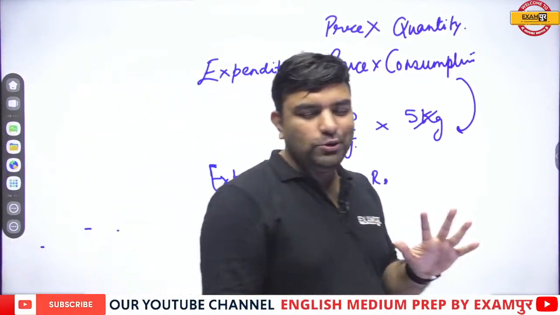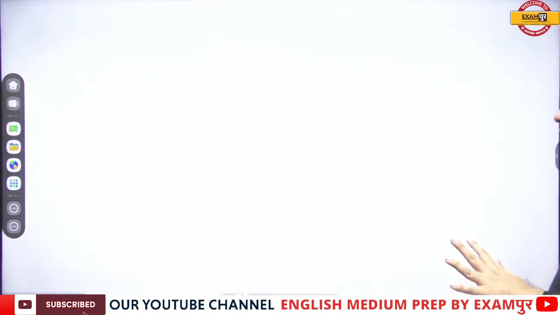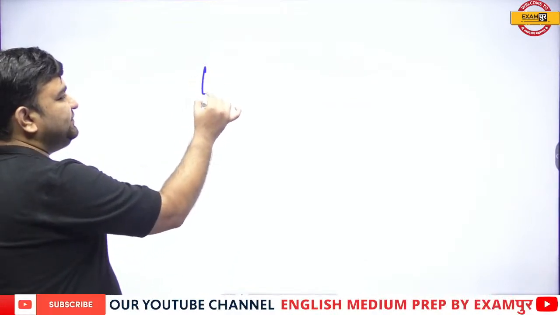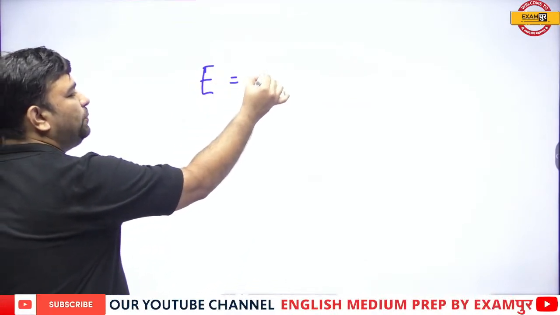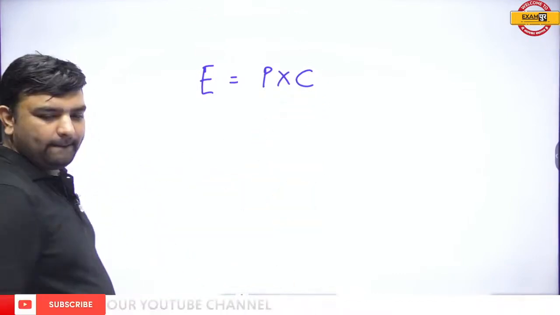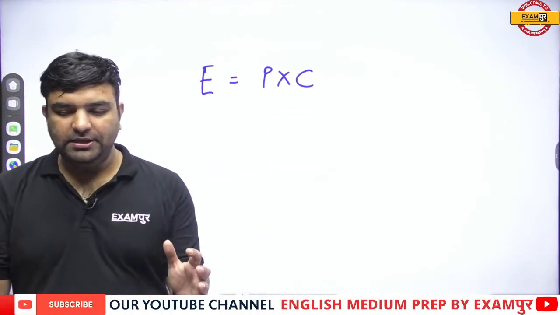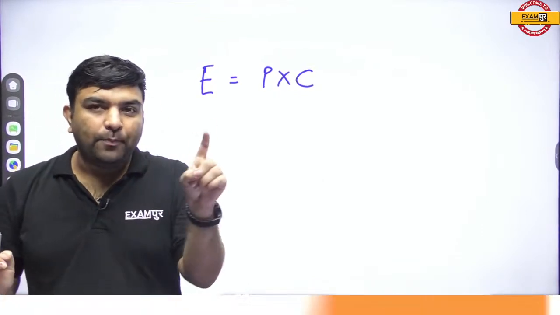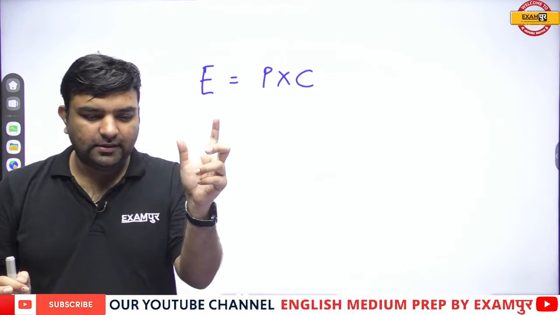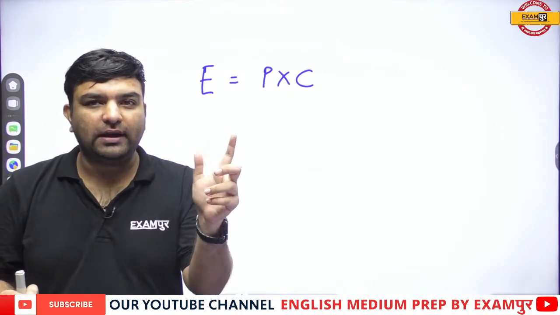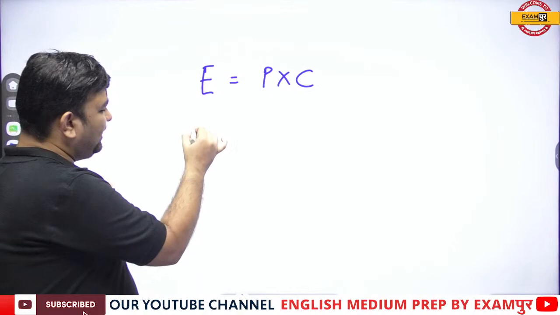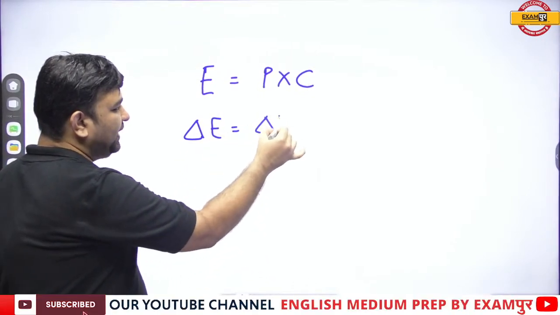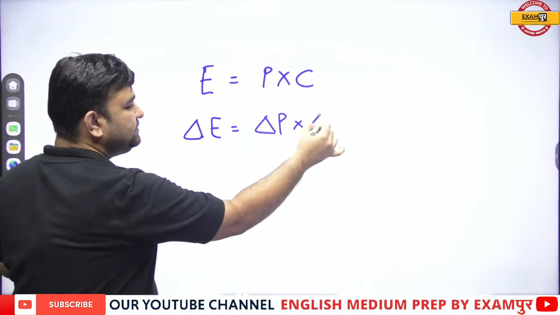Now, what I'm going to do over to this? As we know, expenditure is equal to price into consumption. If I put a delta sign, change, you might have read it in your initial classes, can I write it as change in expenditure is equal to change in price into change in consumption?